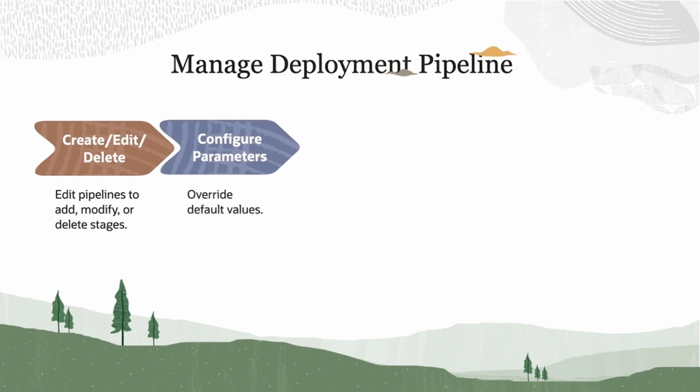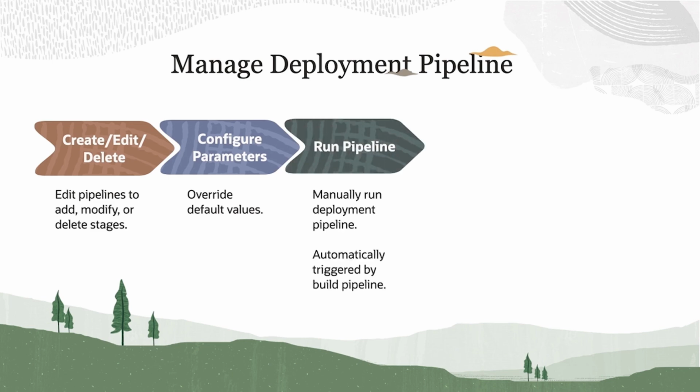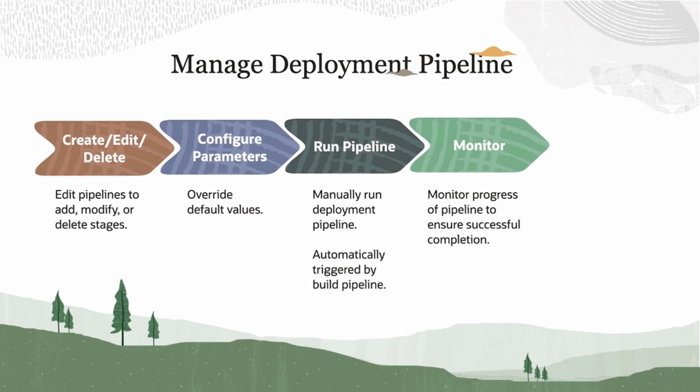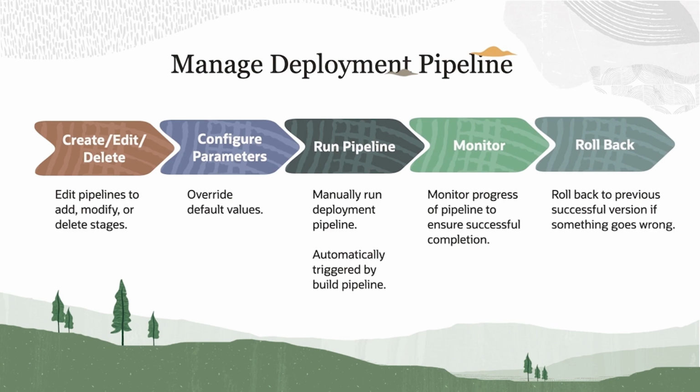You can also configure parameters to override the default values. The deployment pipeline can be run manually or triggered by the build pipeline automatically. Once the deployment pipeline is run, we get the provision to monitor the progress of every stage. Rollback is one of the highlights of the deployment pipeline, which in case of failures, rolls back the state of the application to the previous successful version deployed.